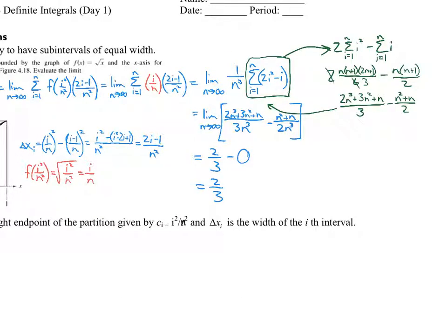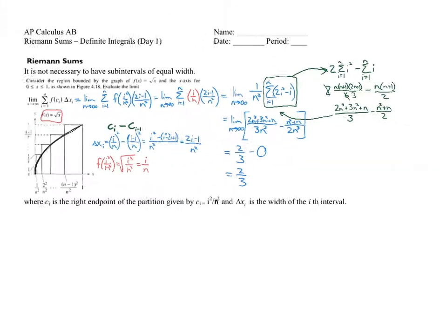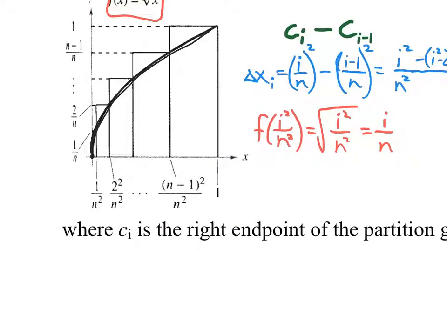Alright, just to recap here. We got the i over n by evaluating f for that c sub i. What we were doing right here was finding the width of an interval. This is c sub i minus c sub i minus 1. So you could look at this. Here is where i equals 1, 2, n minus 1, n.